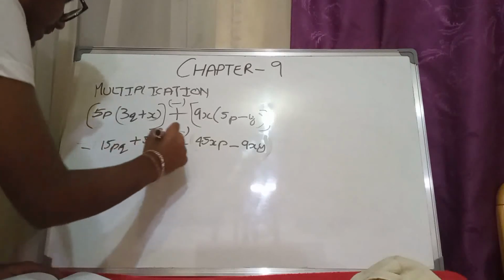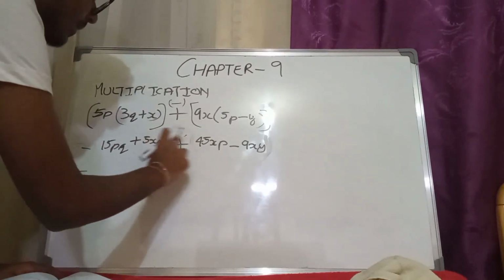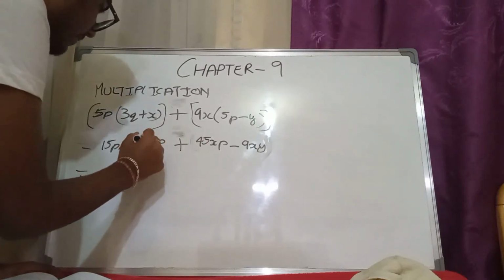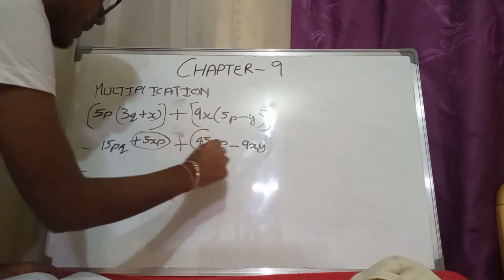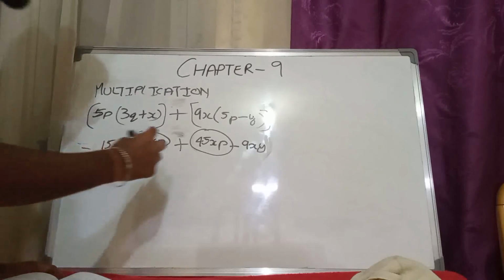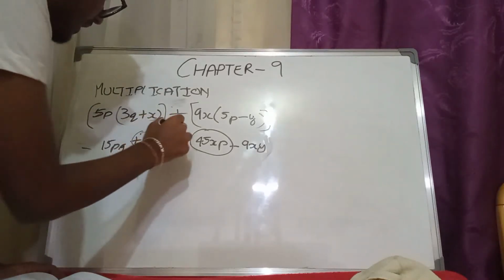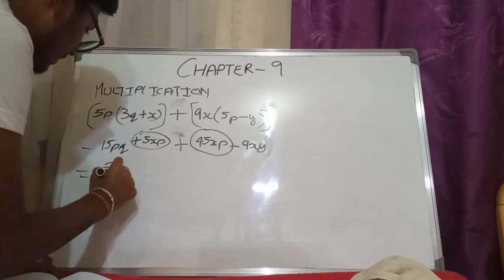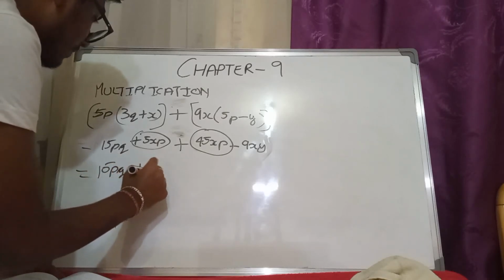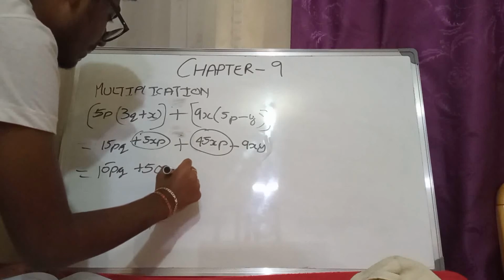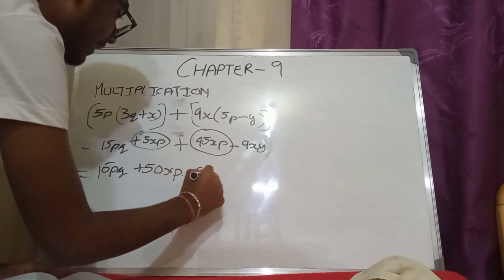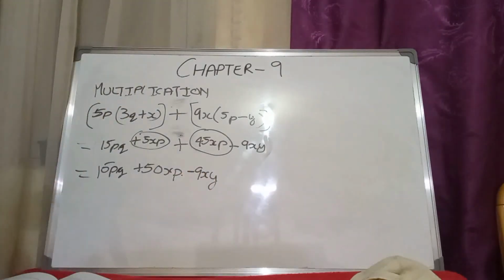Now while solving, we find that 5xp and 45xp are like terms, and both are in the same sign, so we'll simply add them. So it will be 15pq plus 50xp minus 9xy. This is the answer we get.